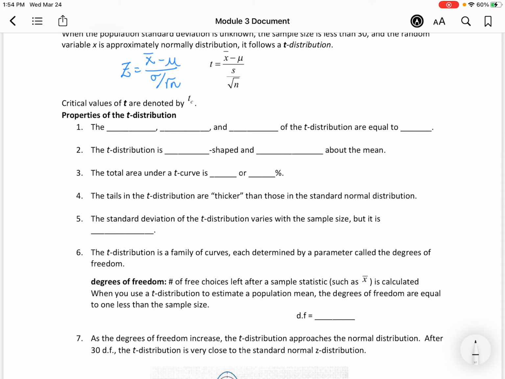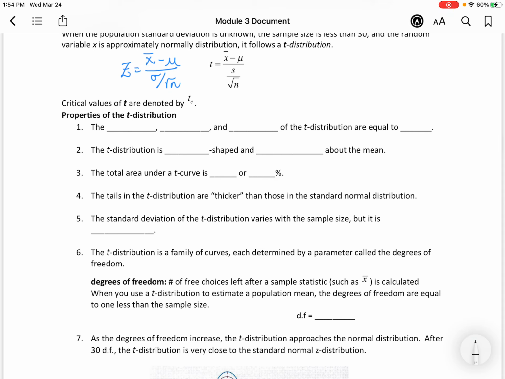In Moodle, you will notice at the top of where these videos will be for chapter 6, there is a formulas and t-chart for test 3. And if you click on that, one of the things that you will see is the t distribution chart. So let's look at this.